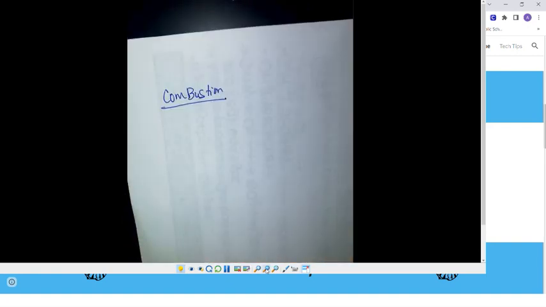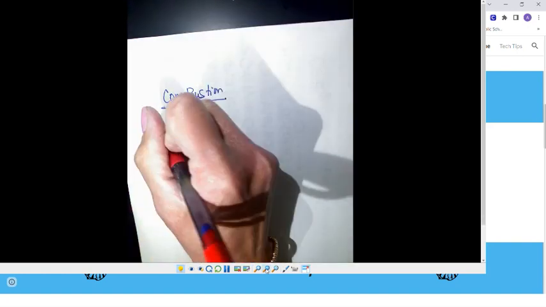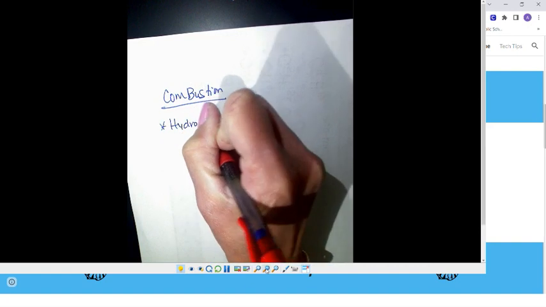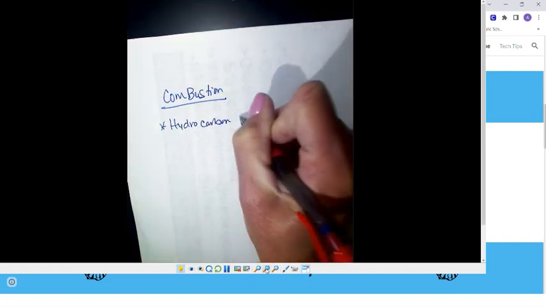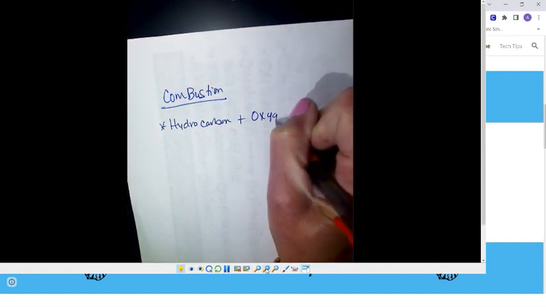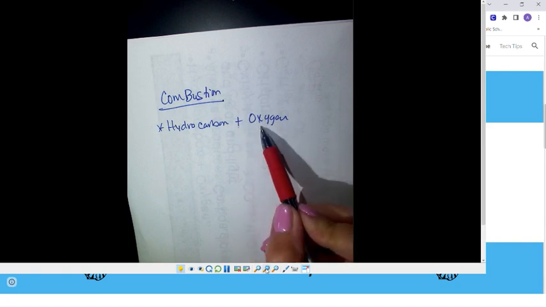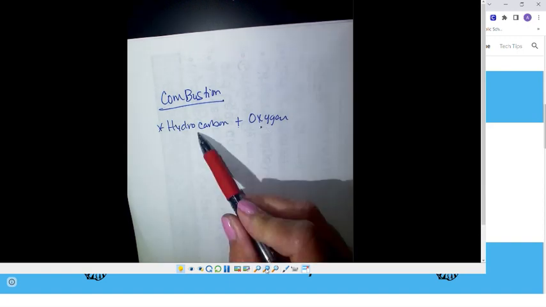The only kind of combustion reaction that we're going to do on these ones are going to be hydrocarbons plus oxygen. So there's a lot of different combustion reactions. A combustion reaction is any substance that combines with oxygen in the air. It could be a metal or it could be a non-metal, okay?